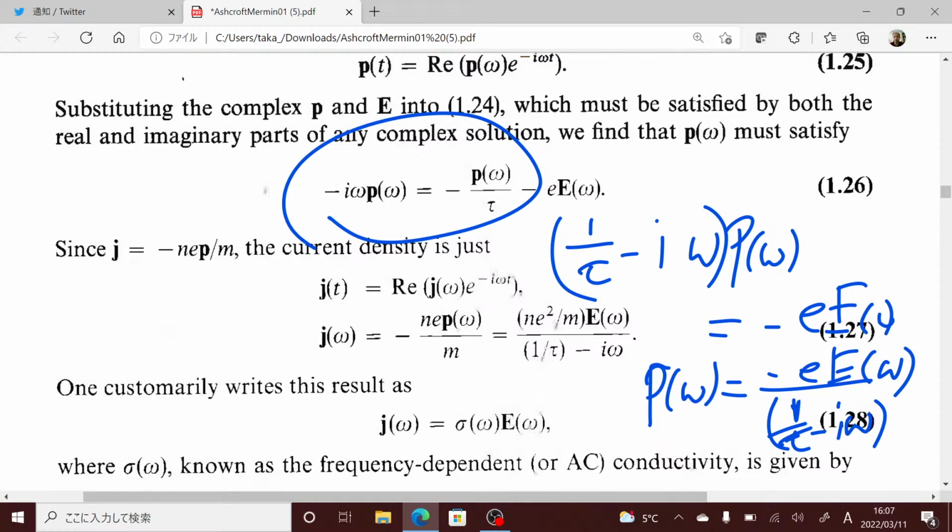And so we just substitute this p into here, then we obtain this. This is a little bit strange.